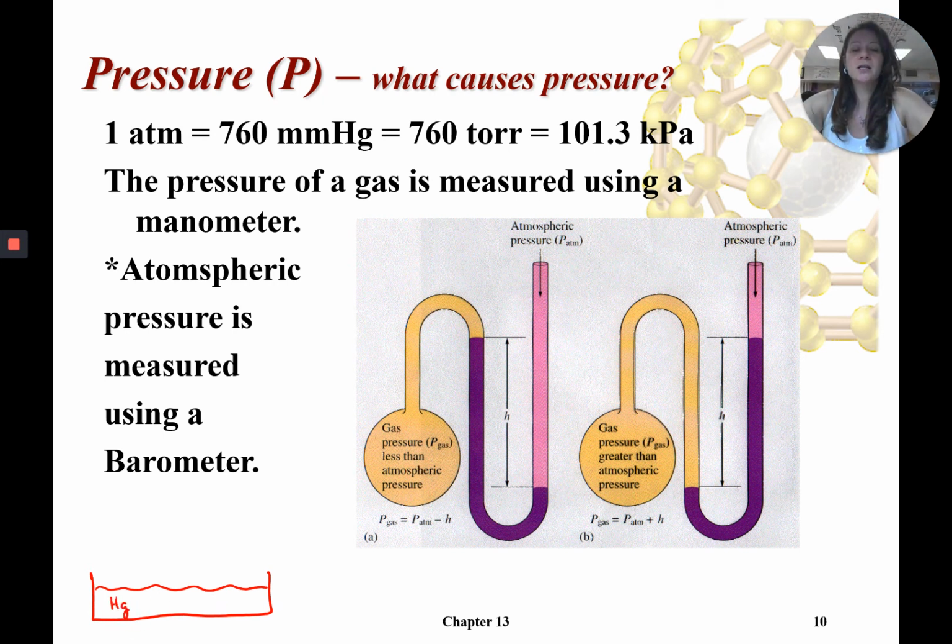A eudiometer is a very, very long, narrow tube that's graduated. So it looks like a graduated cylinder, but really, really, really long and thin. And they would fill it also with mercury, put their hand on top, and then flip it upside down into that tub of mercury. So it would look, and I apologize, I can't draw, kind of like that.